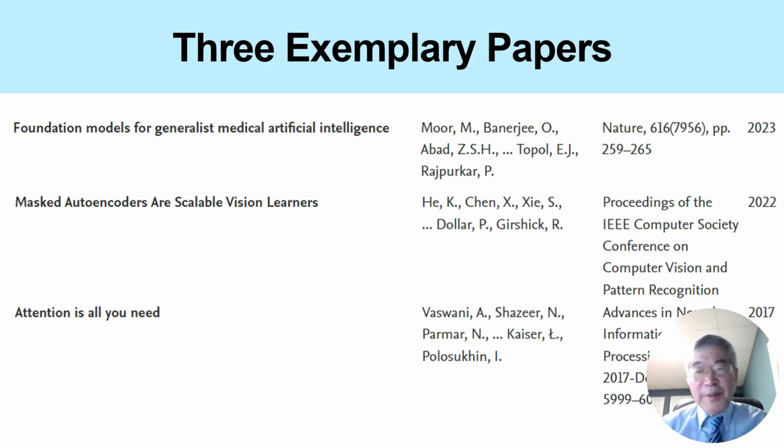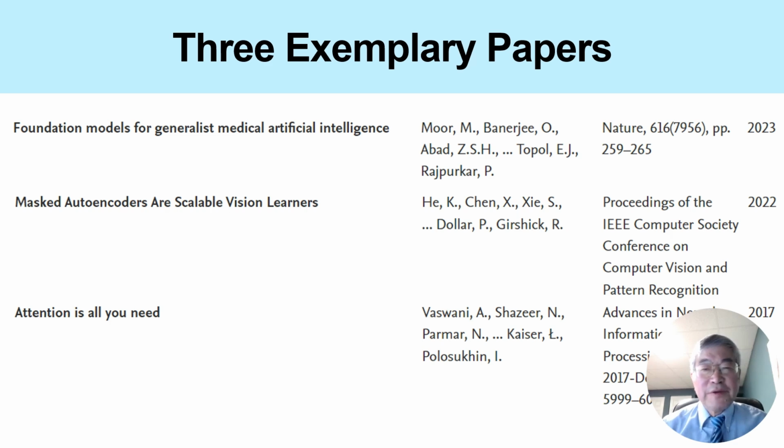To get a deeper understanding, there are many, many papers to read, and I just selected 3 exemplary papers. The first one, Foundation models for generalist medical artificial intelligence. This is a kind of perspective article. Foundation models are explained here, and you can call it a large model or universal model, but this is the name that is getting popular right now. Also this paper, Masked autoencoders are scalable vision learners.